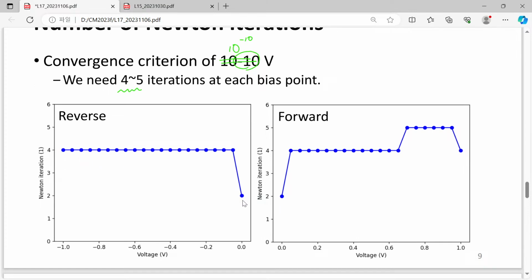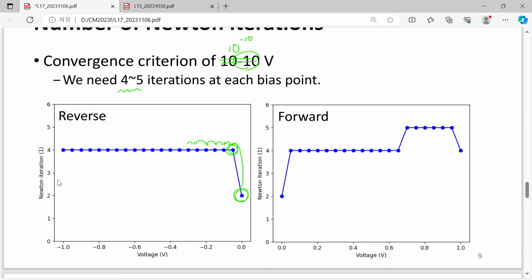Simply speaking, starting from this 0, then increase or decrease your bias voltage, and you will get the solution in 4 iterations. Then go in this way.